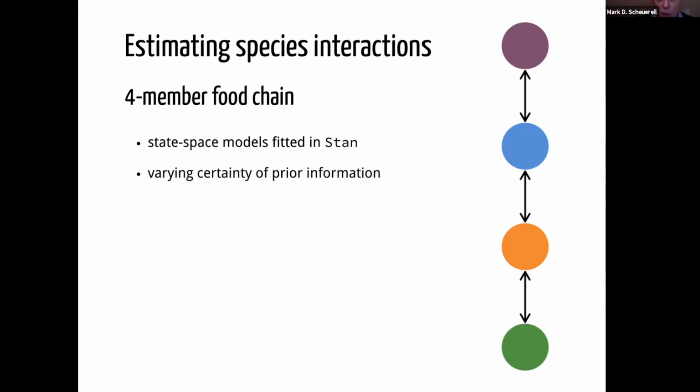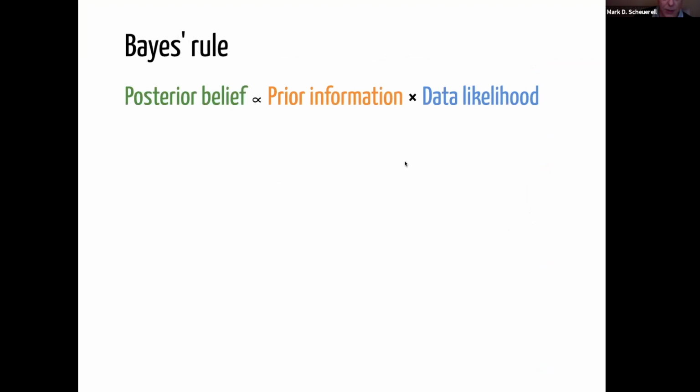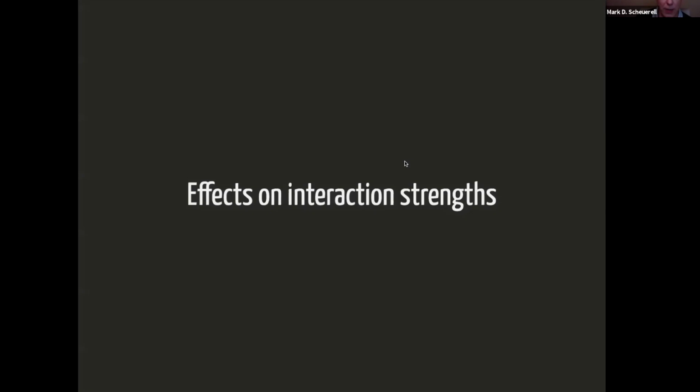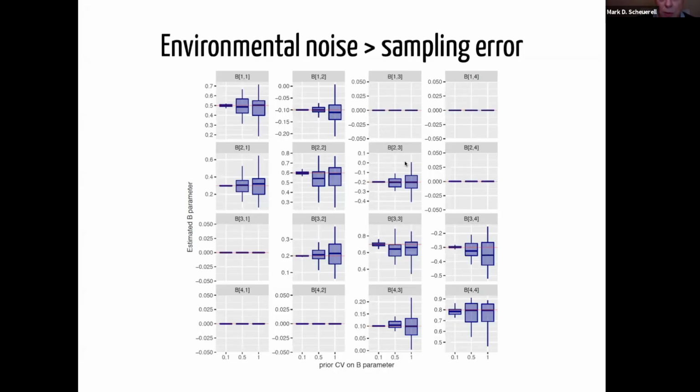So we thought, let's pretend we know something about this and we can start to make more informed decisions. Basically, to cut to the chase, you all know Bayes' rule. Eric talked about this before, right? If you know something about your prior information, the data tell you something about the likelihood, the combination gives you the posterior.